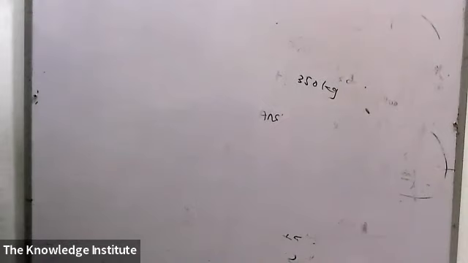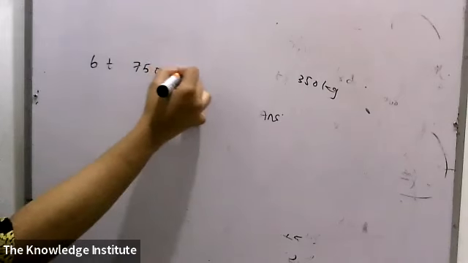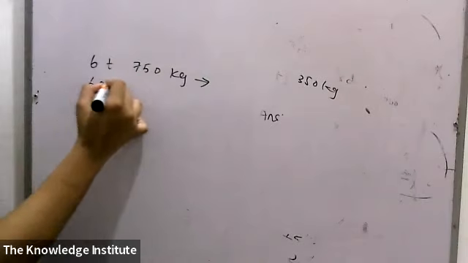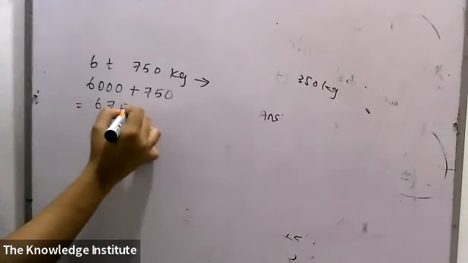First, we're going to convert everything into kilograms. Now tell me, how can we convert into kilograms? What is the digit I gave you? 6 tons 750 kilograms. How can we convert? You know 6 tons means 6,000. 750 gives you 6,750.